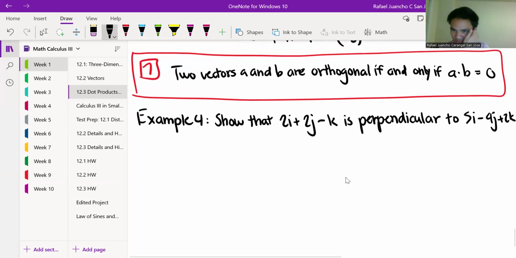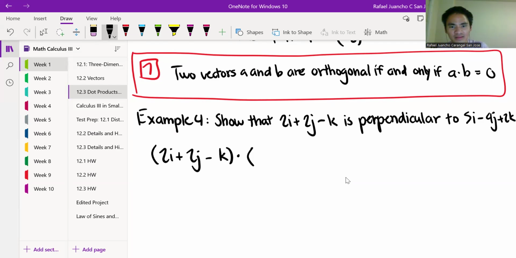And the way to show this is we just get their dot product, we equate it to 0, right? So how do we do that? Well, we just multiply them basically. We multiply their components. Right?